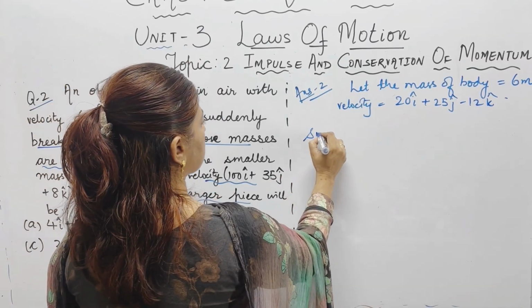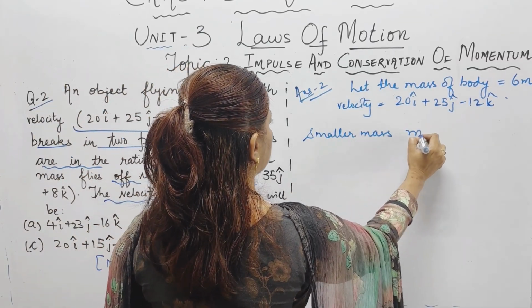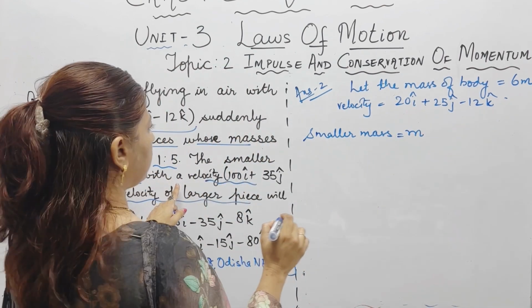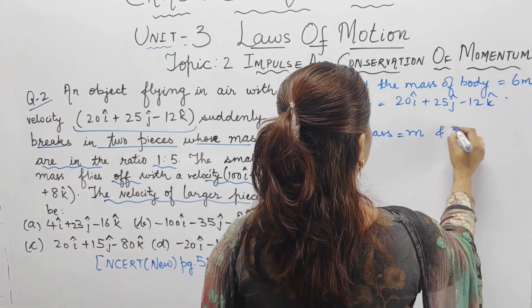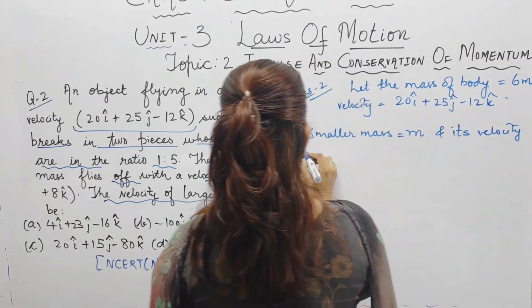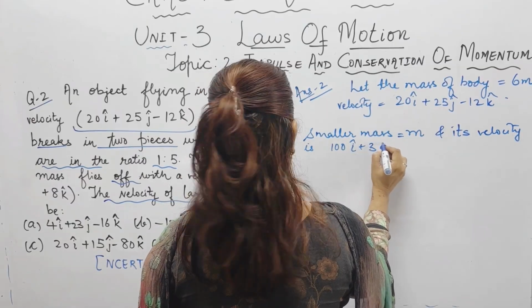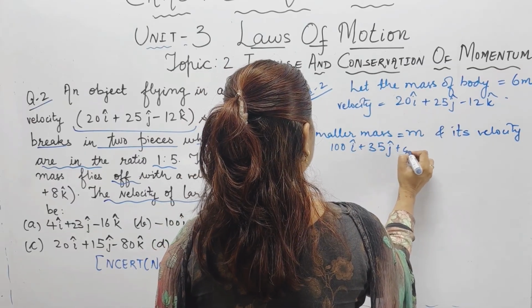Smaller mass is m, and its velocity is 100I plus 35j plus 8k.